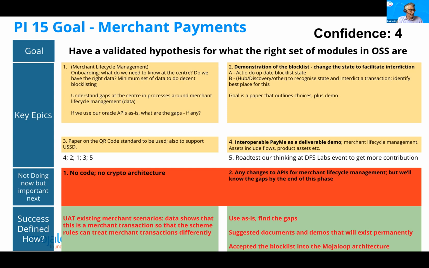On the next point, we want to develop interoperable PayMe as a deliverable demo. This is again relating to merchant lifecycle management. By interoperable PayMe, we mean that an alias for a merchant effectively divorces the link between that merchant and the bank account or DFS account, whatever it might be, so that they can change it without changing their merchant ID, moving their account between different operators.